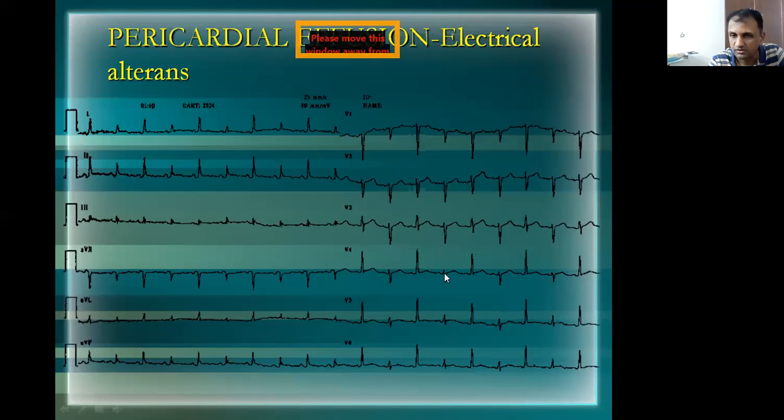These two are the same, but these two are different. When you feel the pulse of a patient having a pericardial effusion with cardiac tamponade, you feel one pulse with good volume, the next pulse with very feeble volume, and the next pulse will be normal. Like an alternating pulse, this kind of pattern will be ongoing.